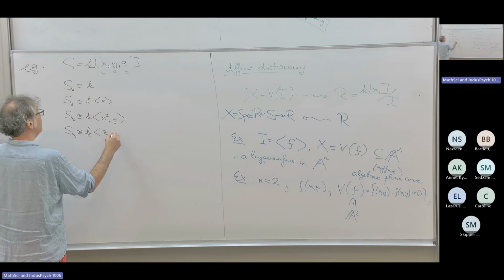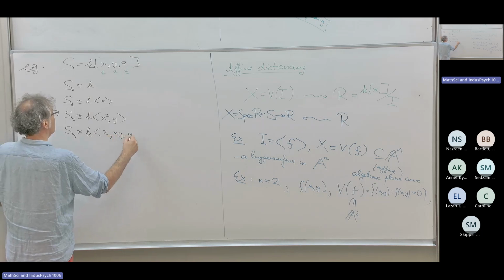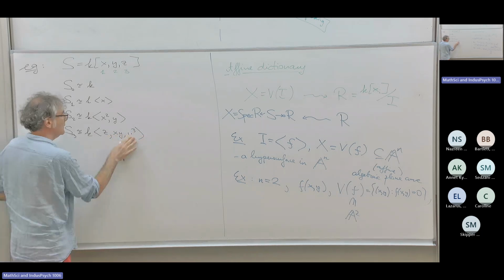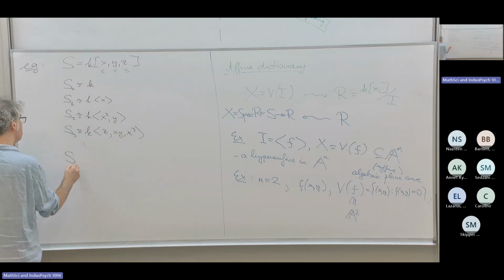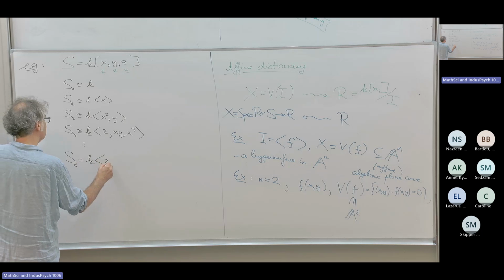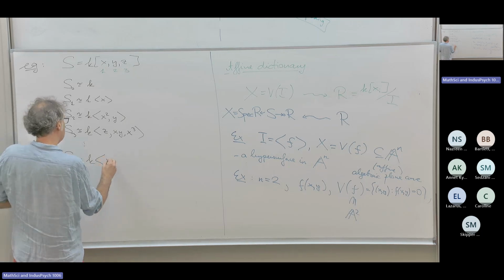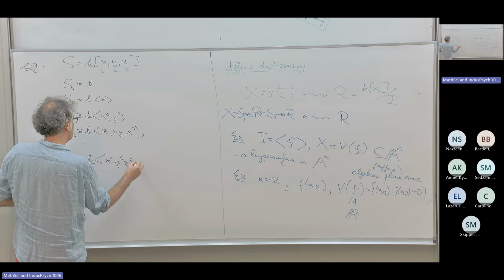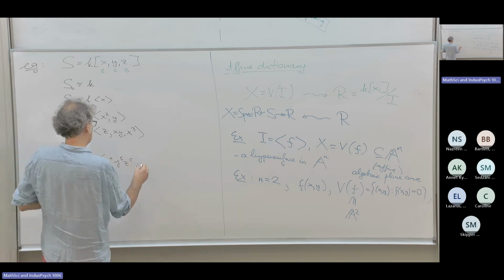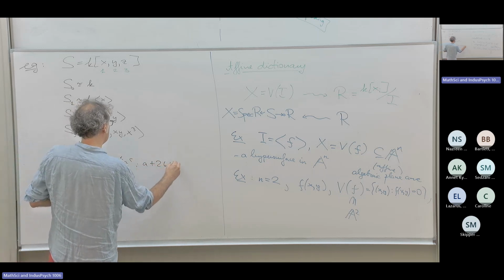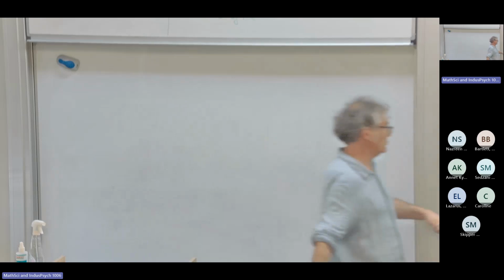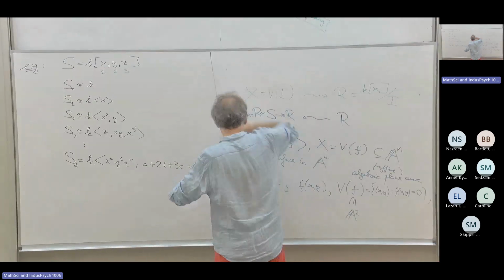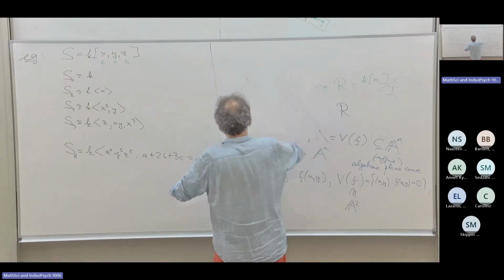Now I see Z, I see XY, I see X cubed, and so on. Okay? So S_D is generated by X to the A, Y to the B, Z to the C, such that A plus 2B plus 3C is equal to D. So we are going to get some very natural combinatorial problems here, which we are going to solve in some sense very soon.